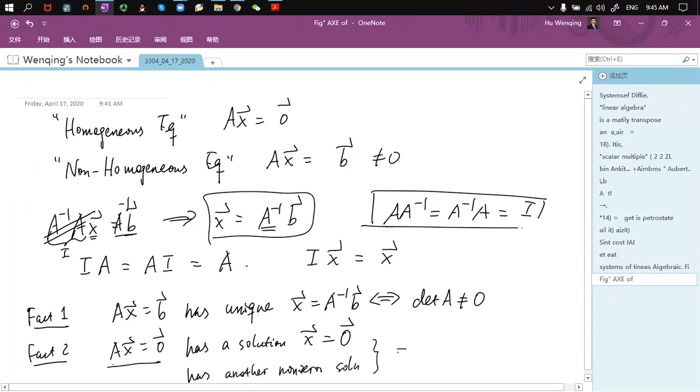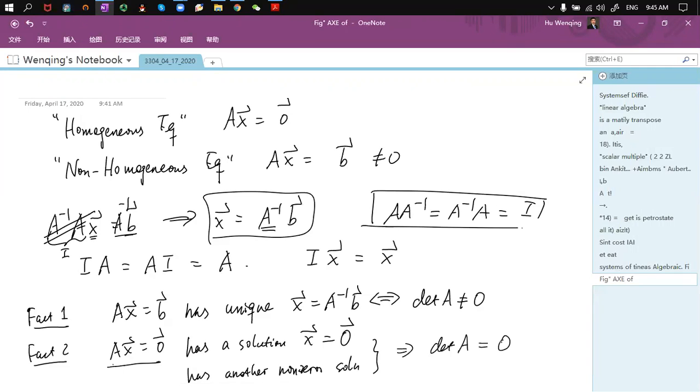Then it means that the determinant of A must be equal to 0, because if it's not equal to 0, the only solution you can find is the zero solution. So it must be exactly 0.